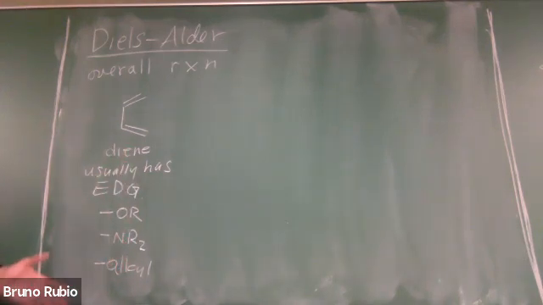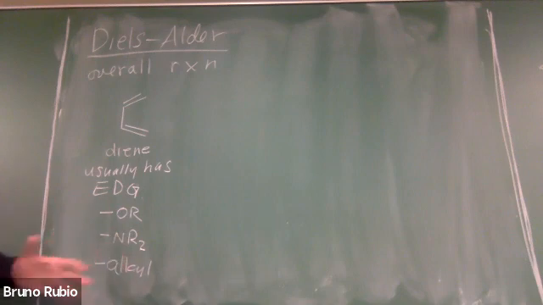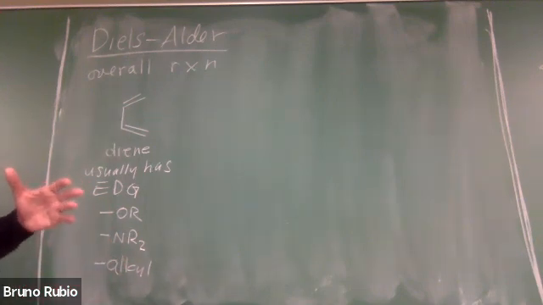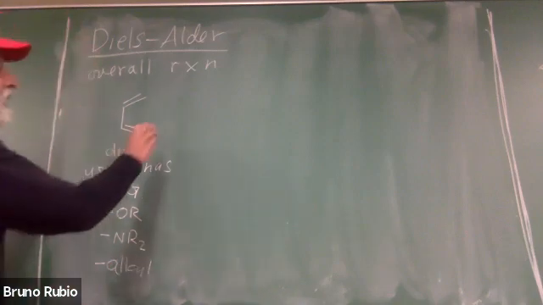Why? Because the tertiary carbocation has electron donating alkyl groups. We've seen that the tri-substituted alkene is more stabilized than a monosubstituted alkene. Why? Because that alkene has electron donating alkyl groups. Okay, so that's the diene.